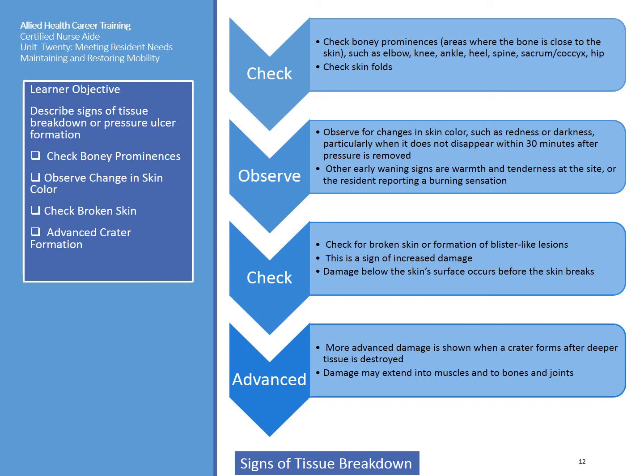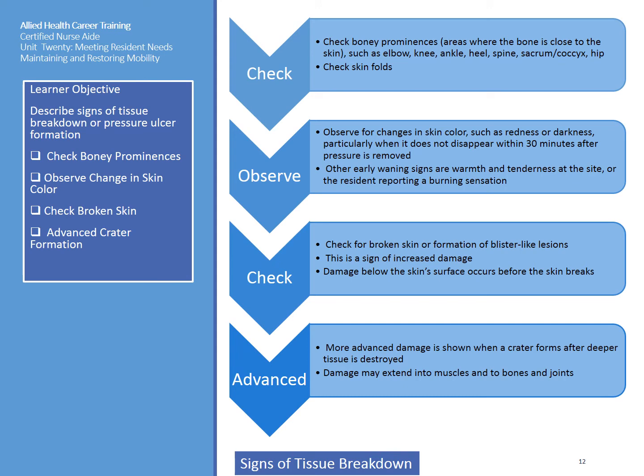Observe for changes in skin color such as redness or darkness, particularly when it does not disappear within 30 minutes after the pressure is removed. Other early warning signs are warmth and tenderness at the site, or the resident reporting any kind of a burning sensation.